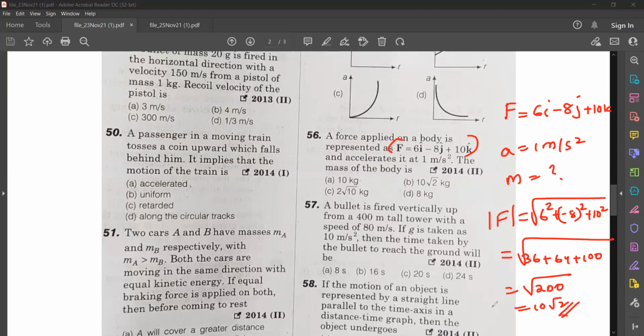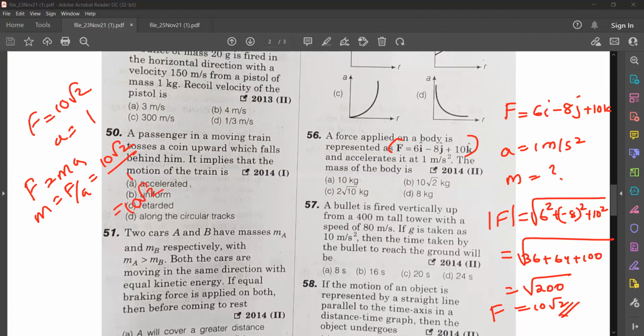Now we have the force and the acceleration, which is 1. We know that F is equal to MA, so M is equal to F by A, which is 10 root 2 divided by 1. The answer is 10 root 2. That is option B. Option B is the correct answer.